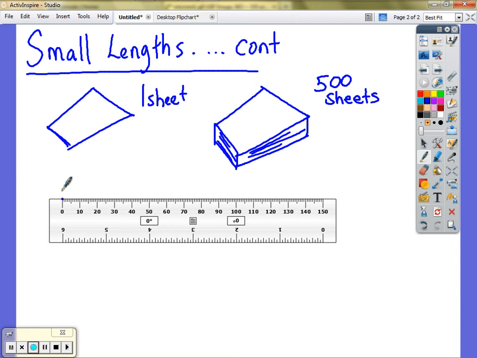So instead of measuring one sheet, you pack together 500 sheets, and then when you measure your 500 sheets, you find out that it's, you know, 50 millimeters. And all you do is take that 50 millimeters, divide it by 500, and it should tell you the width of one sheet.